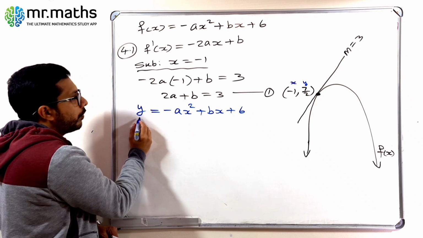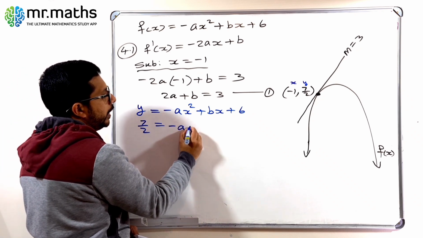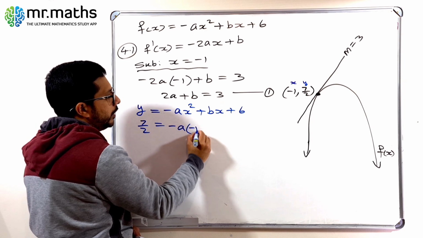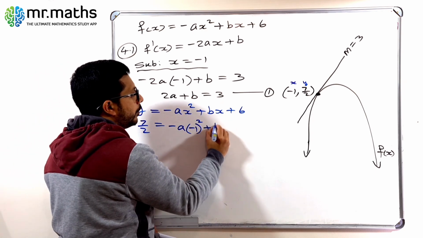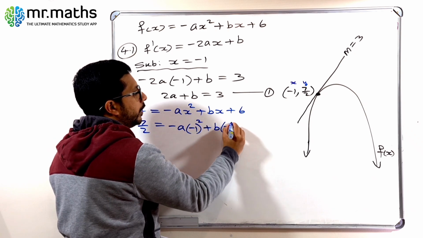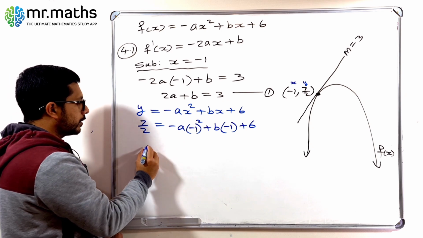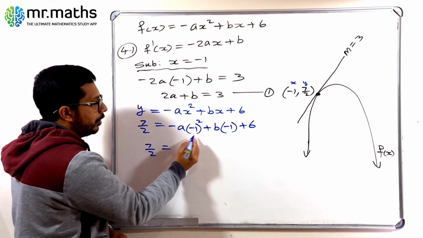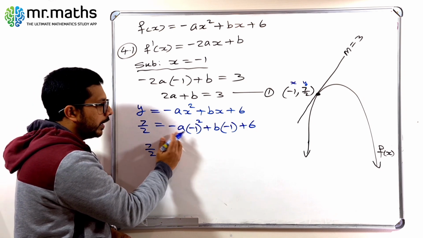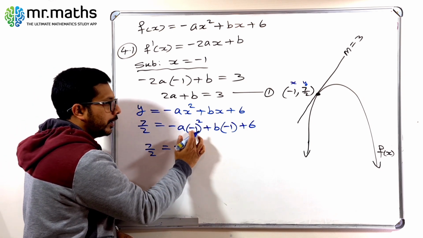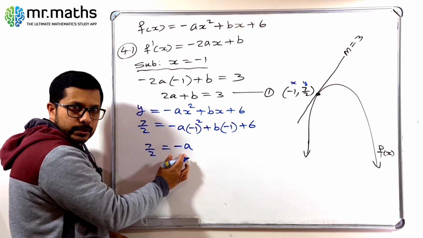So 7 over 2 is equal to minus a into minus 1 square, plus b into minus 1, plus 6. Minus 1 square is positive 1, and minus a into 1 is minus a.